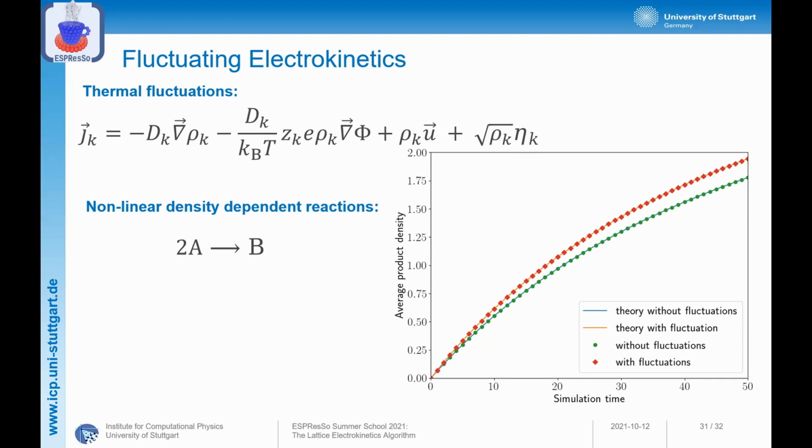And one other thing that I'm going to show you is that these fluctuations also come in handy when looking at systems that are not linearly dependent on density. So, for example, we have a reaction where 2A reacts to species B, and because species A is needed twice in the substrates, the dependence on density in these reactions is of the order rho squared.